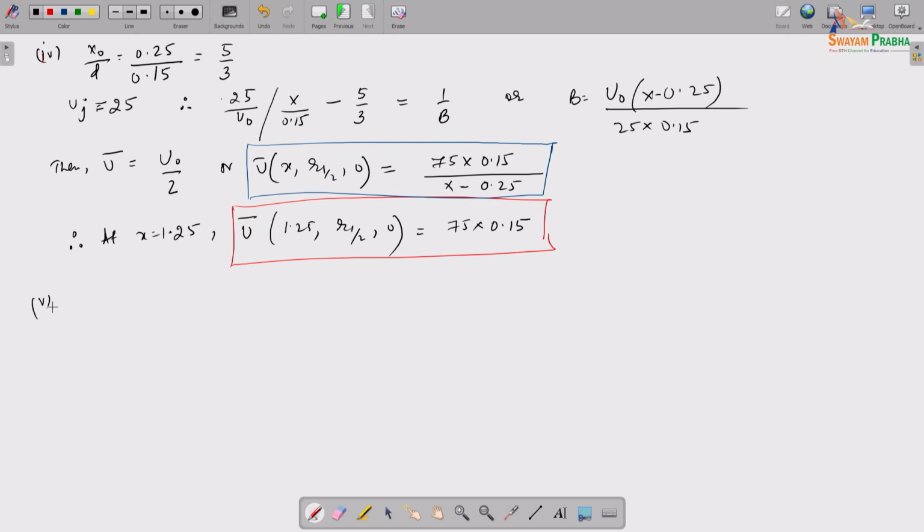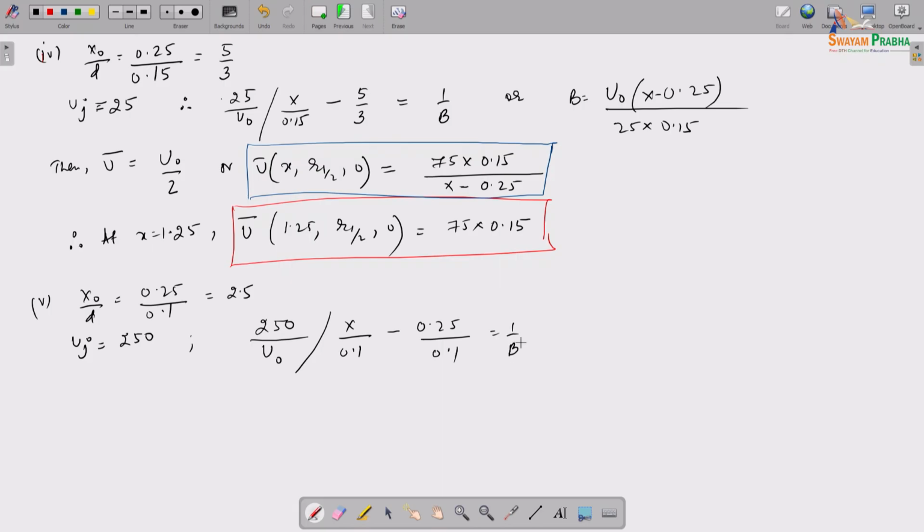So finally for the kerosene, again x naught by d is this. The jet velocity is 250, then 0.1 is equal to 1 by b.